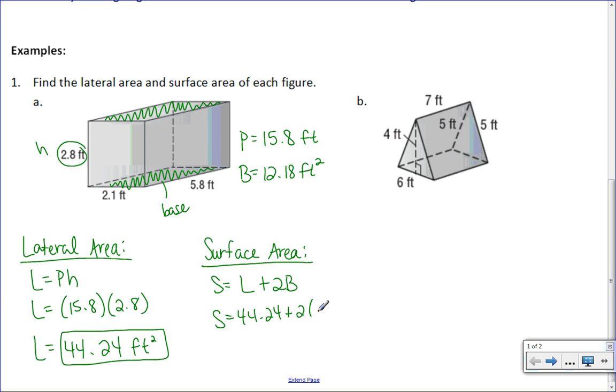So 2 times 12.18. Okay, so this is 44.24 plus 2 times 12.18 is 24.36. And then when we add these two together, it's our last step, we should get 68.6 square feet.